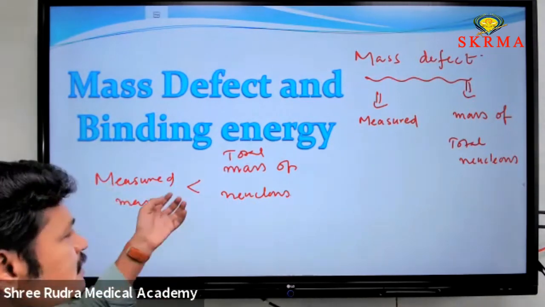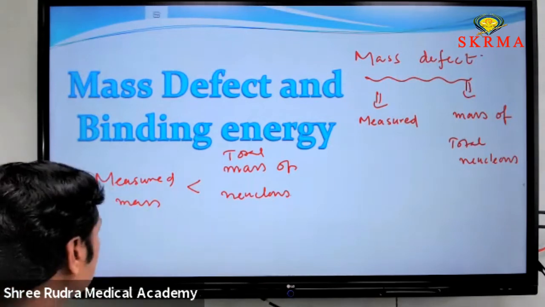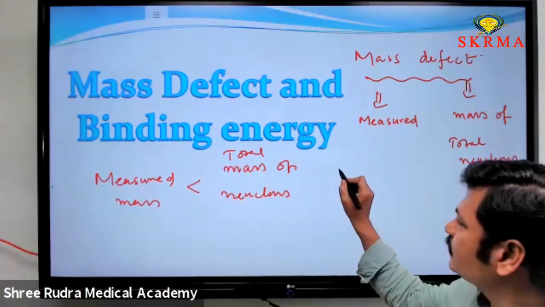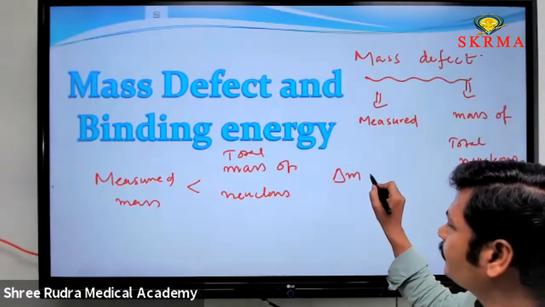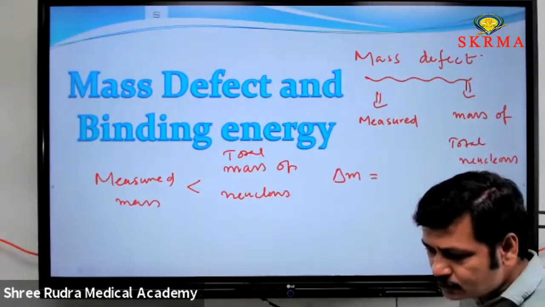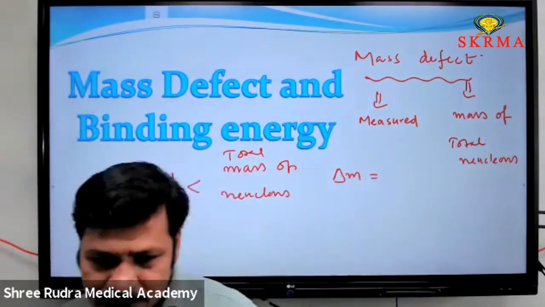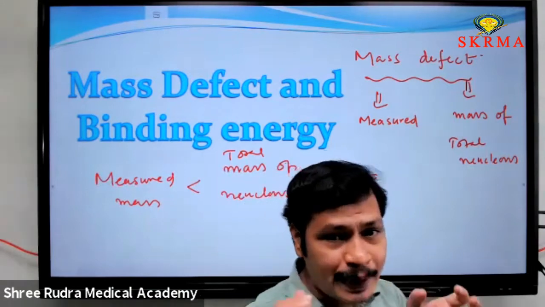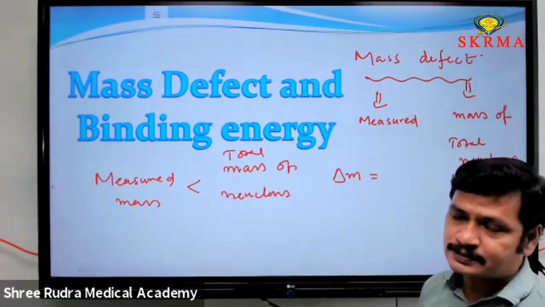The mass defect is represented with delta M. Whatever mass defect happens, that mass is converted into energy. That energy is useful to bind the nucleons inside the nucleus.